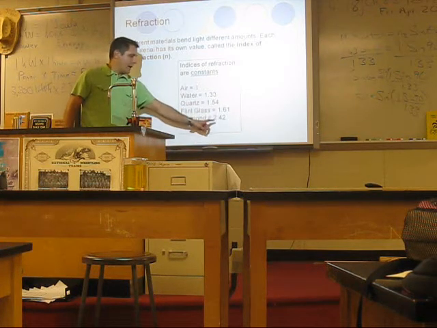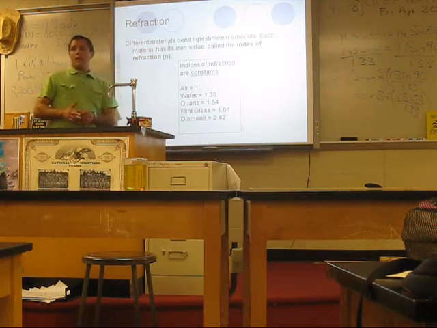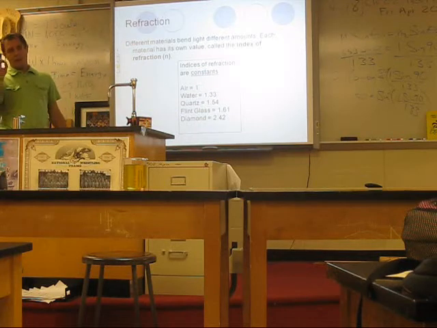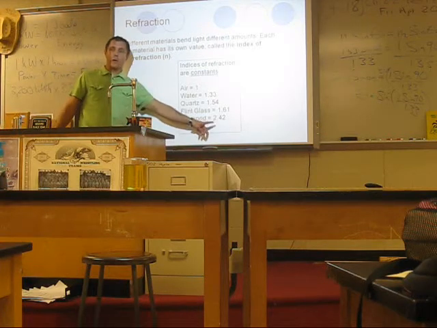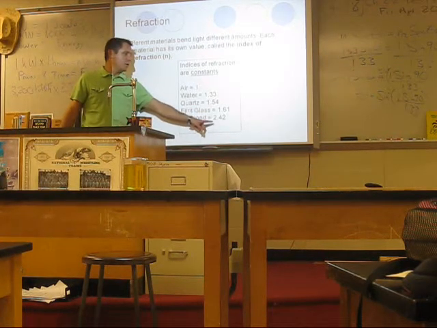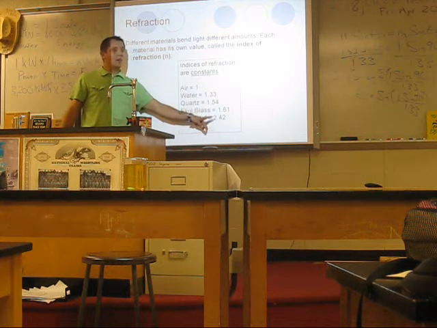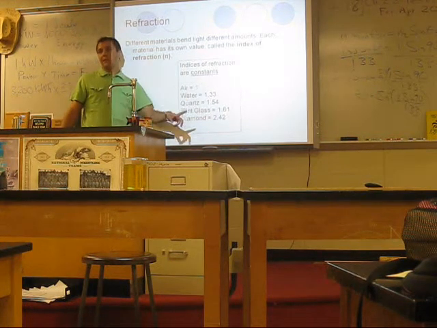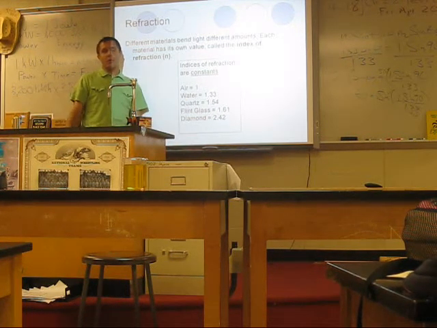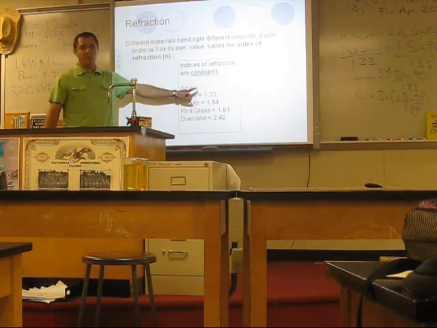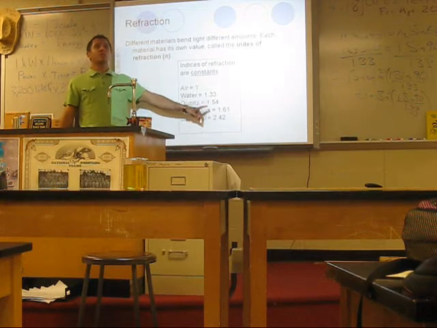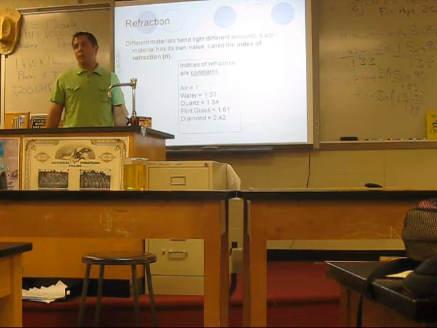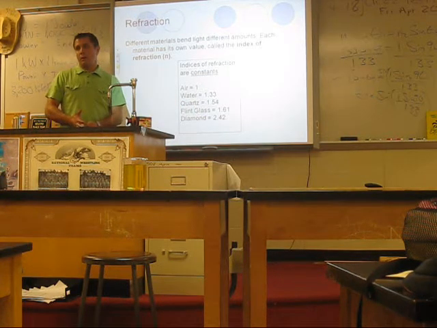Light going through a diamond is one of the slowest materials that light will travel through, and it's a whole lot slower. Compared to water, it's almost twice as slow. When light travels through air, it's 1. It's more than twice. It's 2.5 times slower when it goes through a diamond as it does through air.